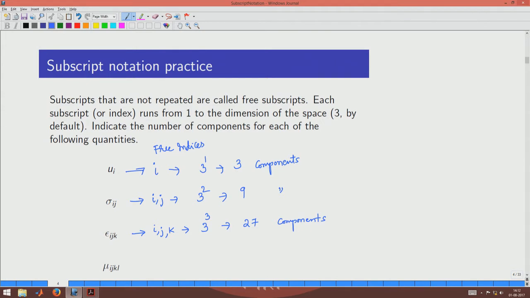So, writing it as epsilon ijk would be very simple, and mu ijkl is a quantity which has 4 free indices, and it would mean that there are 81 components. You could imagine that doing algebra with 81 components would be quite tedious. So, using the subscript notation would be quite useful when we take quantities which have many subscripts like this.